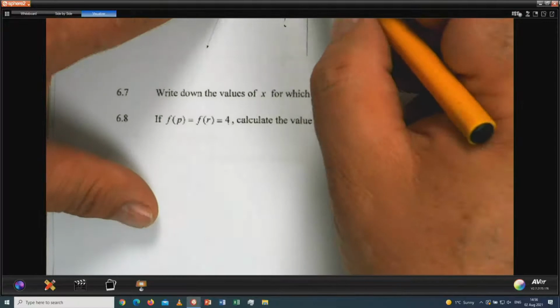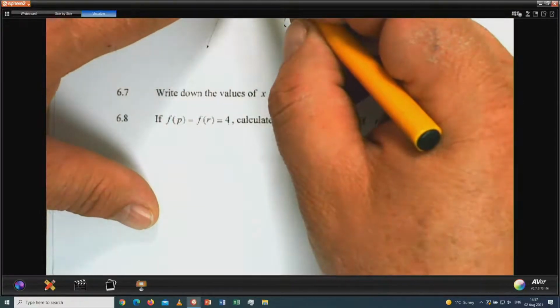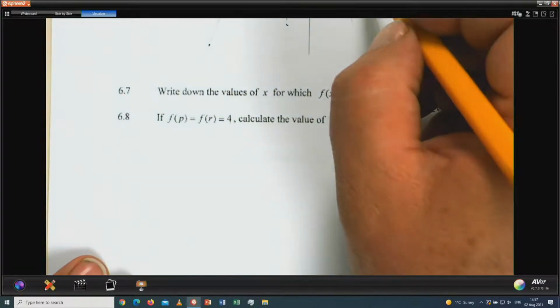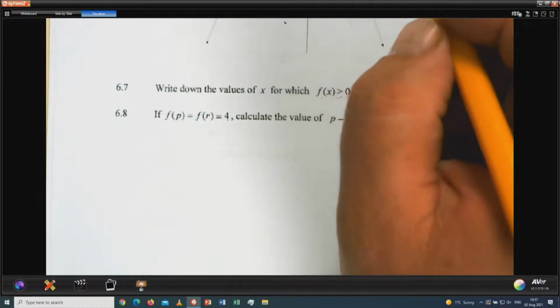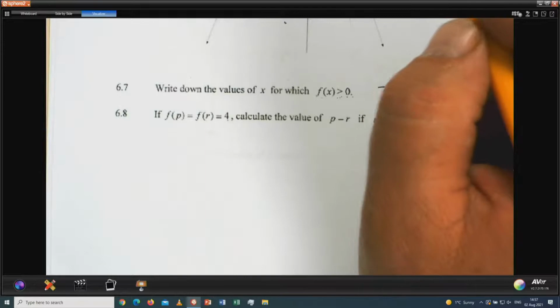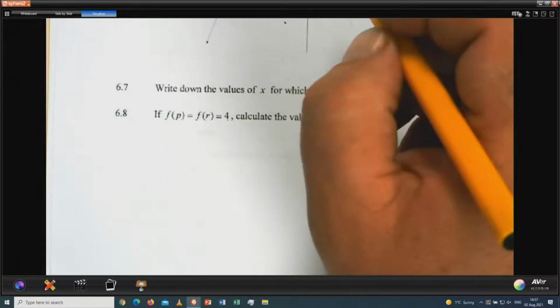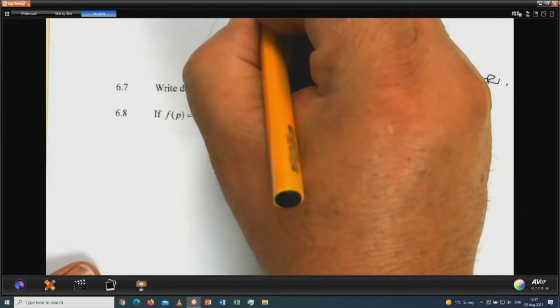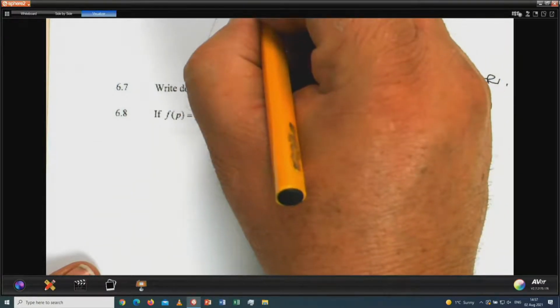So if it goes from negative a half to negative 2, what will this value here be? This here is negative 2. So from negative a half to negative 2, we moved 1.5 units.